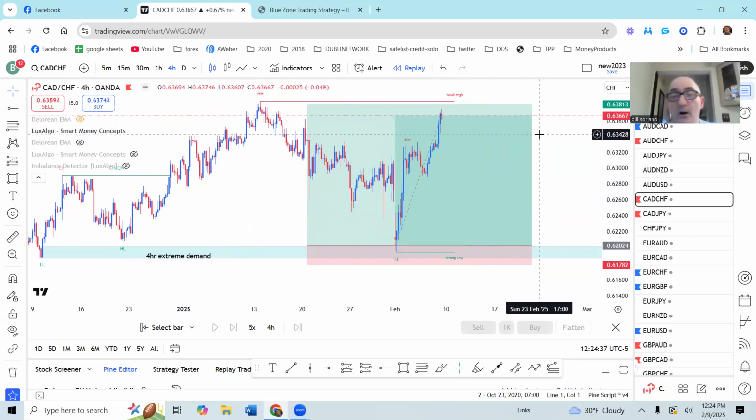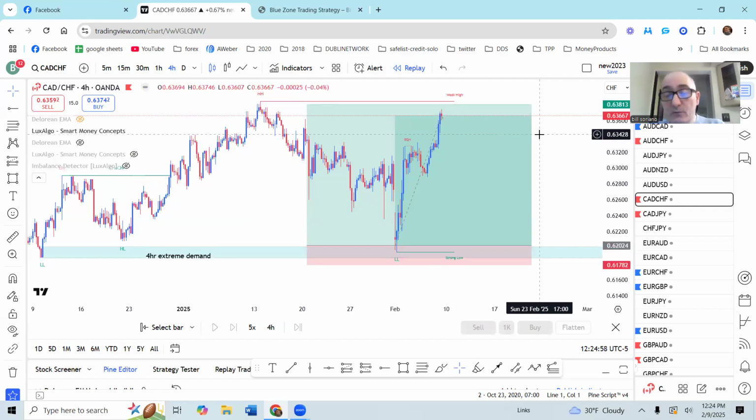Now, with such high risk to reward ratios, normally what we do, as you know, is set a 1-to-2 risk to reward, and we just exit the trade once we hit that 1-to-2. Or sometimes we try for a 1-to-2.5, or sometimes even a 1-to-3, using the other strategies, and we just leave that run.